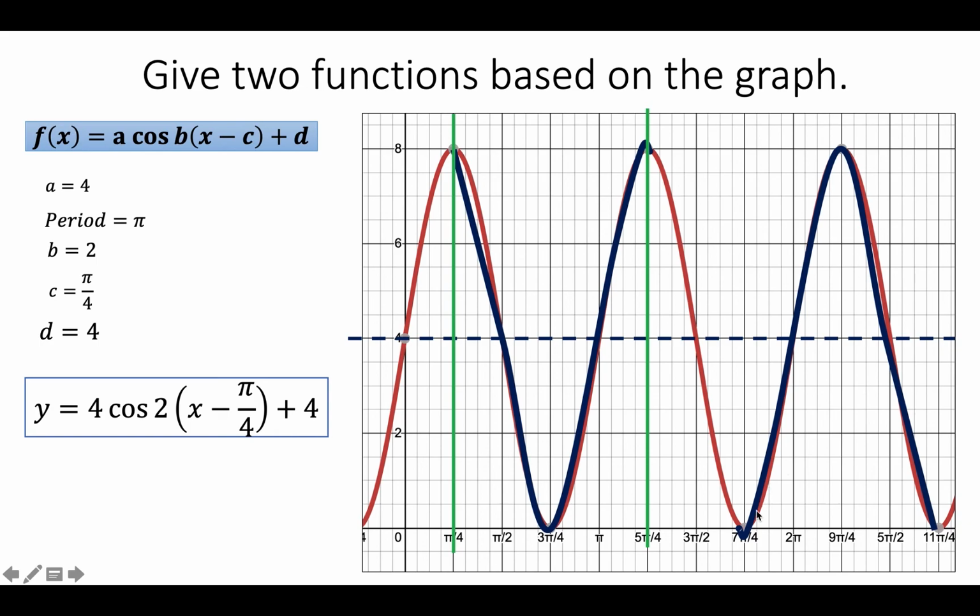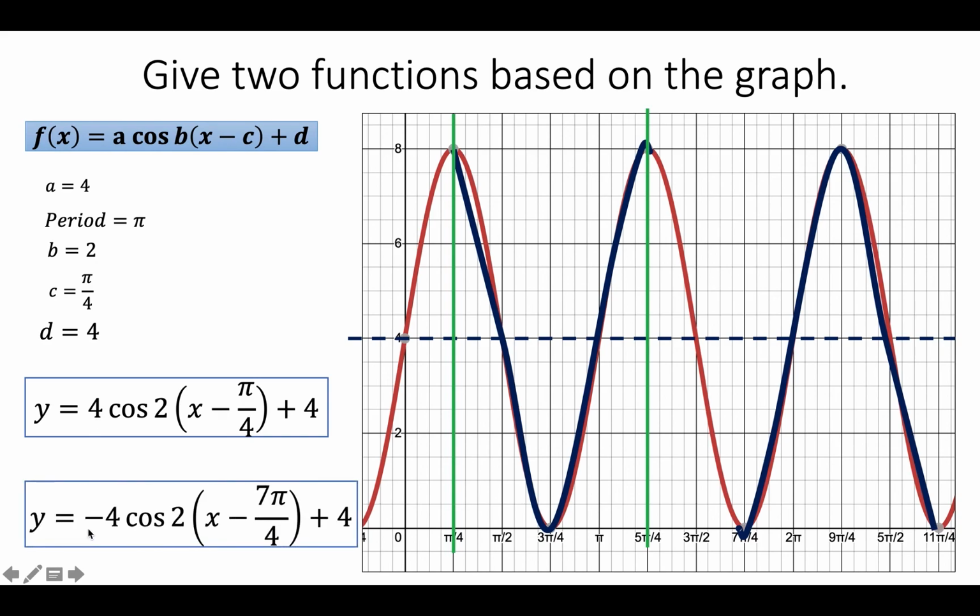But since it is flipped about the x-axis, we know that the amplitude now becomes negative. So it becomes negative 4 cosine 2 times x minus 7 pi over 4, since we started identifying our cycle at 7 pi over 4, plus 4. Okay, thank you.